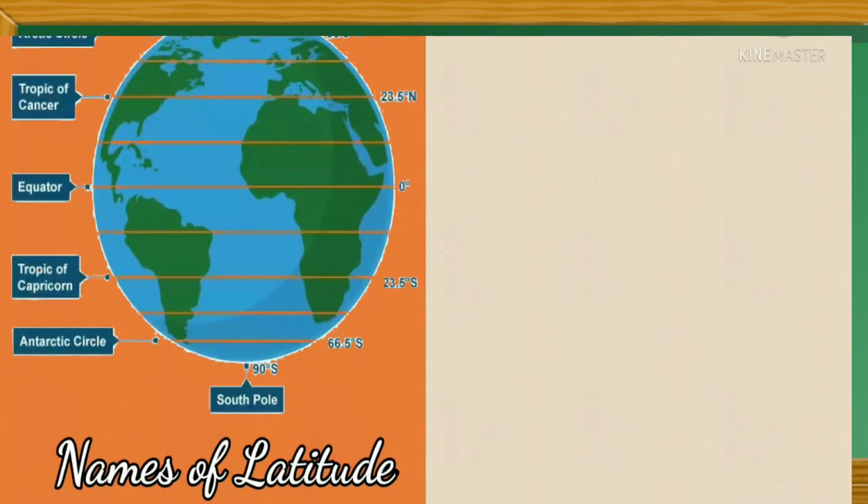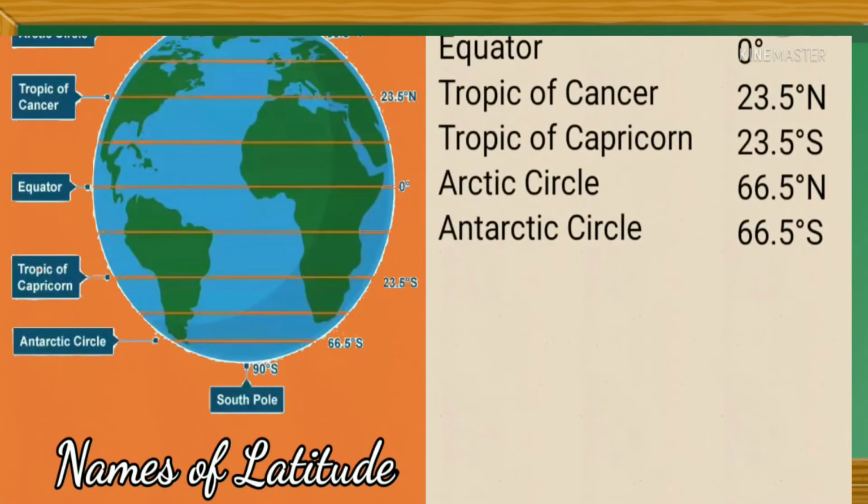We have the equator at 0 degrees, Tropic of Cancer at 23.5 degrees north, Tropic of Capricorn at 23.5 degrees south, Arctic Circle at 66.5 degrees north, and Antarctic Circle at 66.5 degrees south.